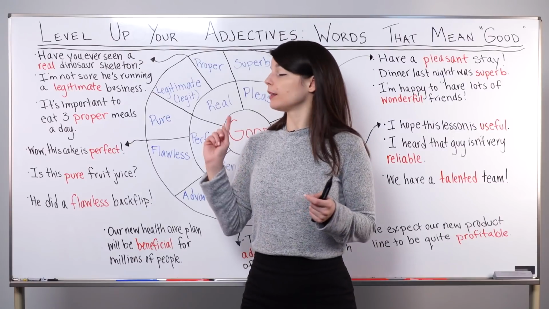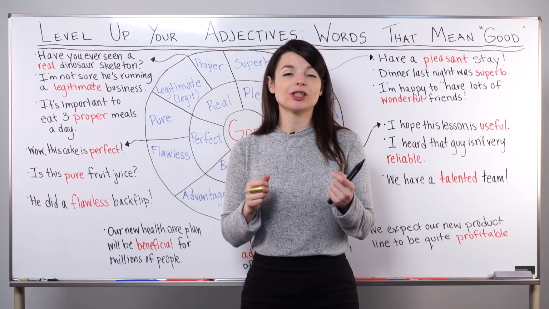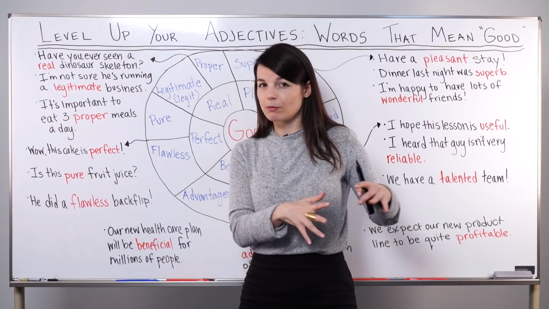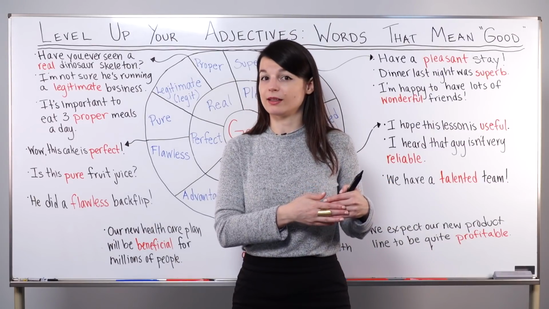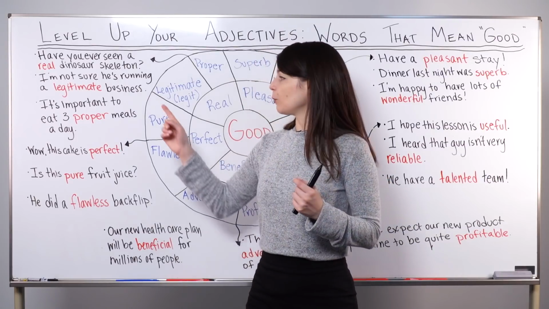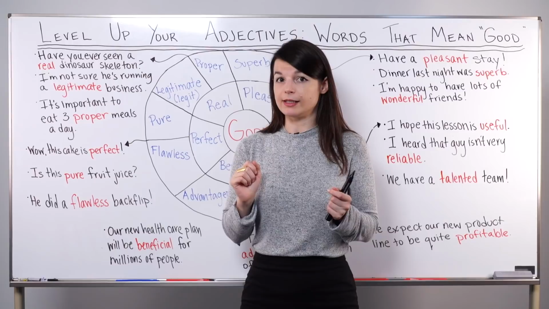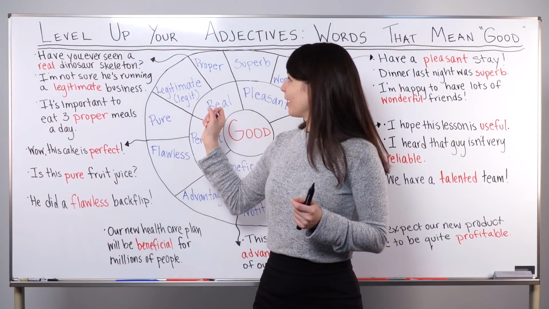So when you see legitimate or legit used to talk about business, it's a question of legality. Is the business legal, or is there something going on behind closed doors that we can't see? So legitimate with business is often talking about this kind of uncertainty. So we can use legit or legitimate to express that.